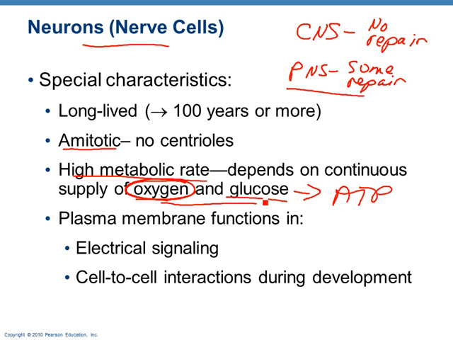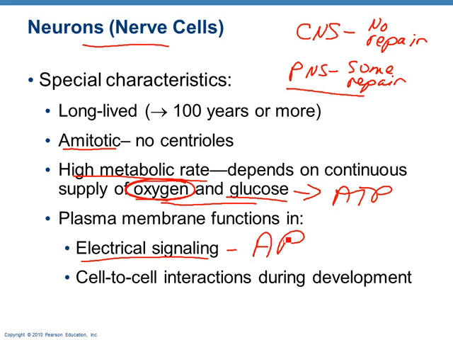Their membranes are electrical. That means they can generate action potentials. And unlike a nerve going to a muscle, the neuromuscular junction, where one nerve goes out to a muscle, in the brain and in the spinal cord, neurons can actually interact with each other.